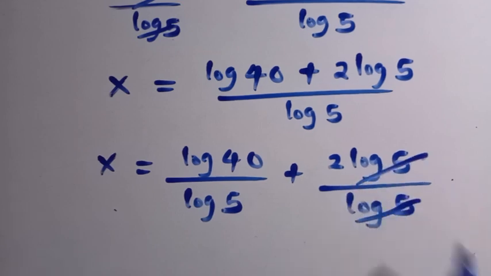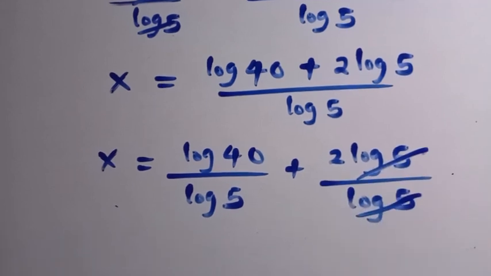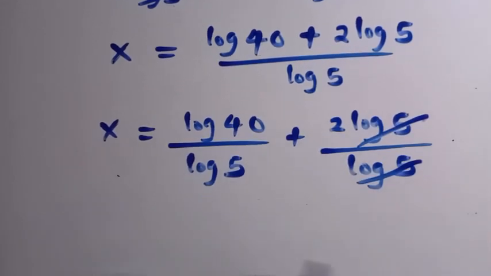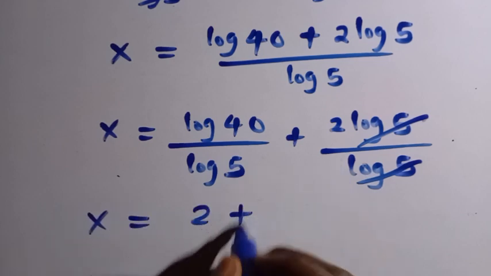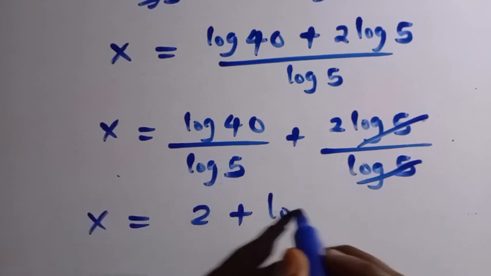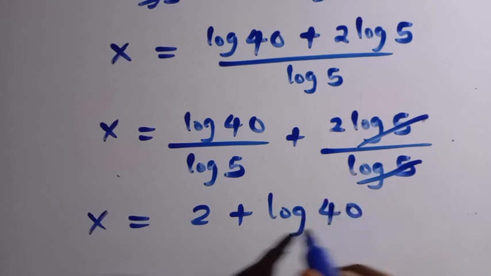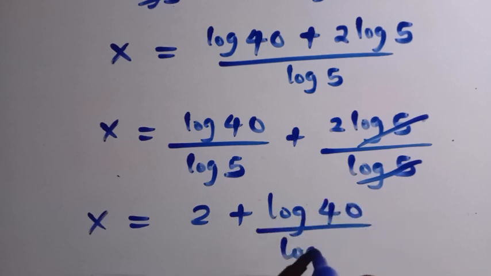So log 5 cancels log 5. Then we have x equals 2 plus log 40 divided by log 5.